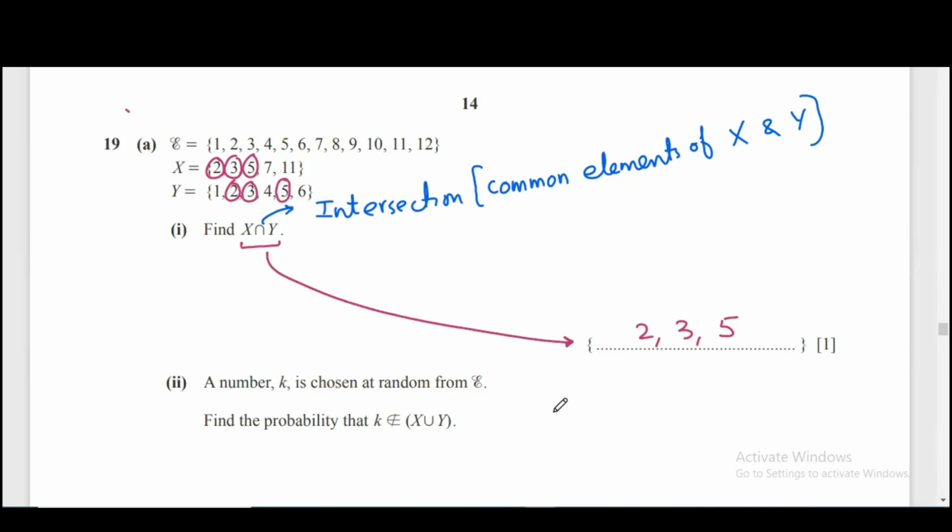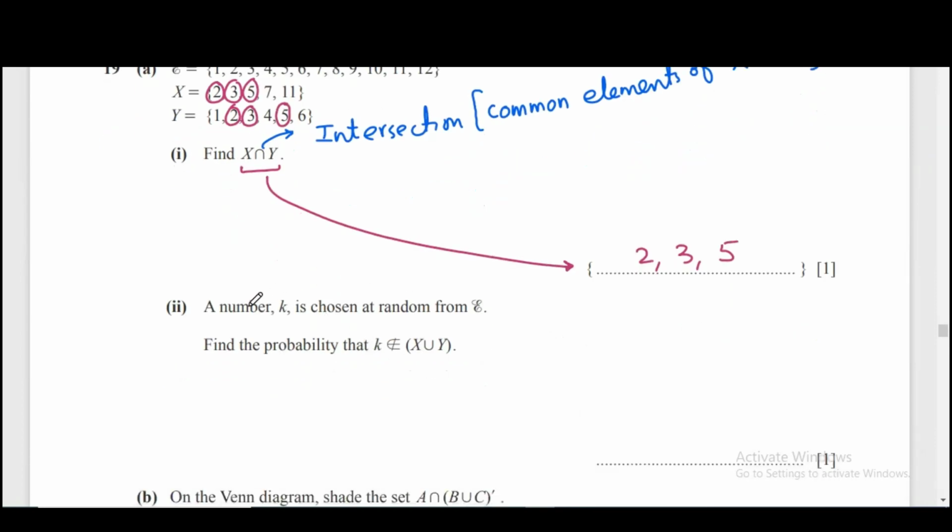Now in the second part, a number k is chosen at random from the universal set. The universal set is 1 till 12, so there are 12 elements in the universal set.